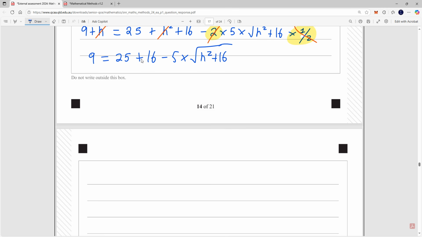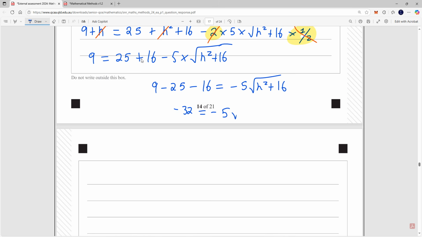Move the 25 and the 16 to the other side. In this case, we have 9 minus 25 minus 16 equals negative 5 square root h squared plus 16. What we're going to do now is work out what that is. 9 minus 25 minus 16 is going to be negative 32, fingers crossed.